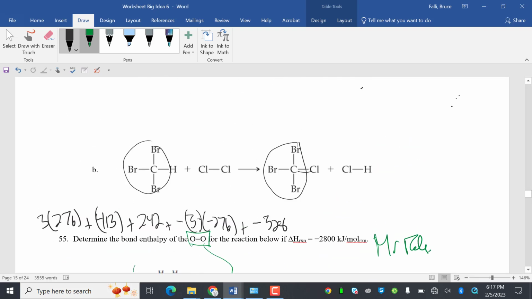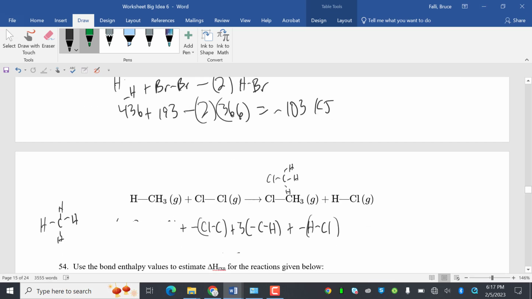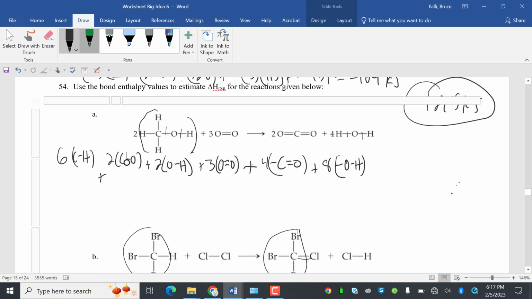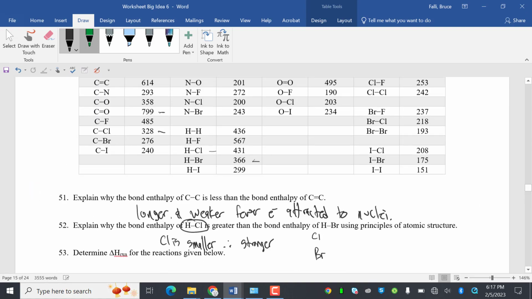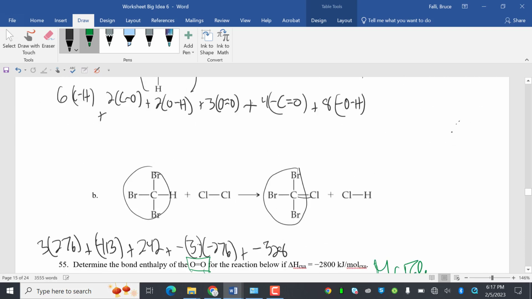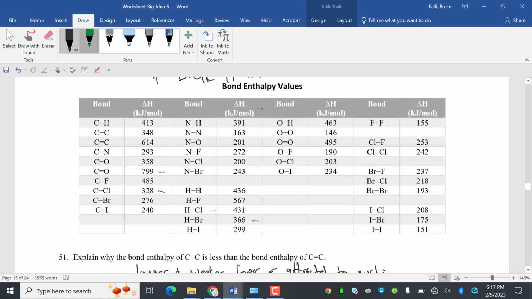So let's see what we can get out of these up here. Where are my bond energies? C to H is 413. 12 times 413 plus 2 C to C's, 2 times 348, plus 7x plus 8 times C double O, which is 799.